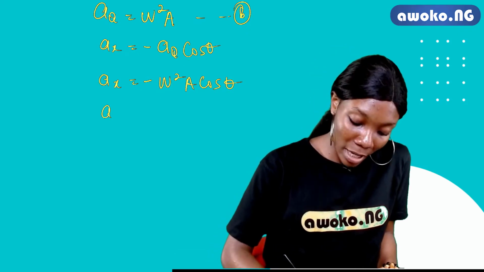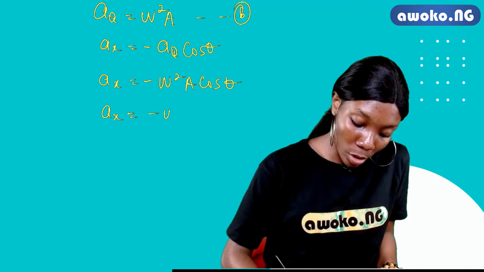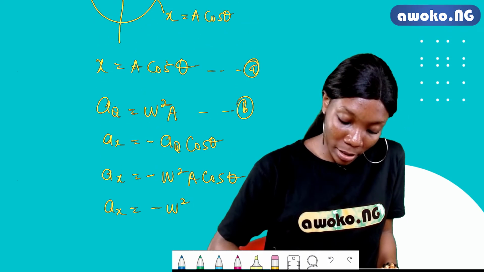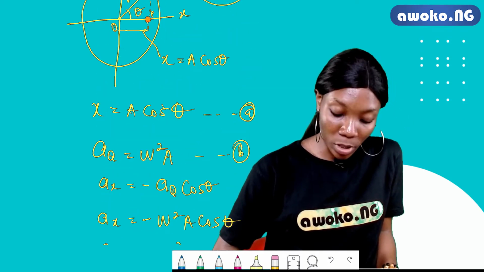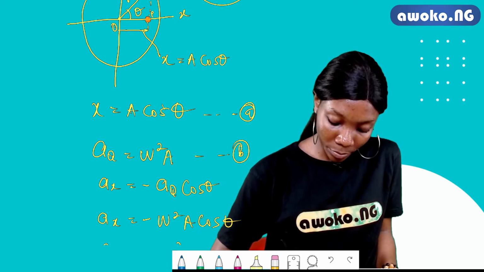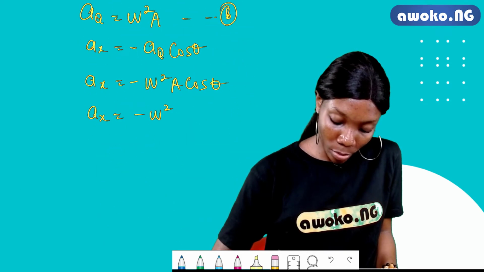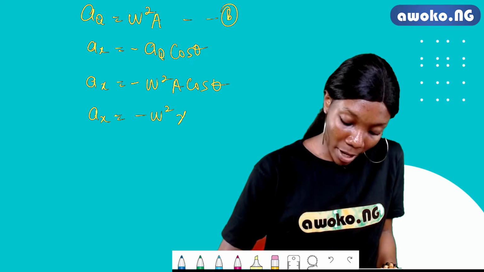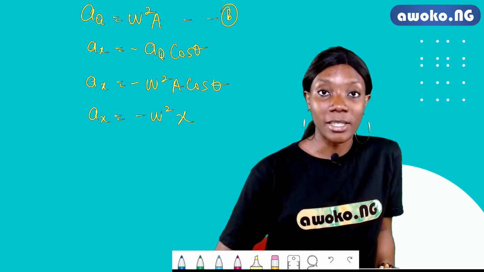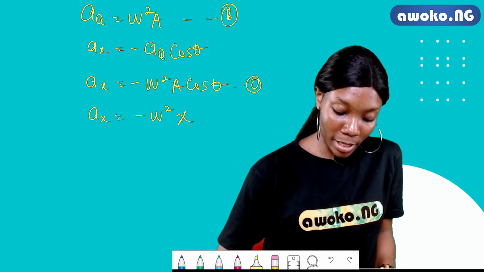Or you can simply put AX equal minus W square. When you see A cos theta, you put X, because X is equal to A cos theta. So we have minus W square X. As simple as that. Let's call this equation C and D.